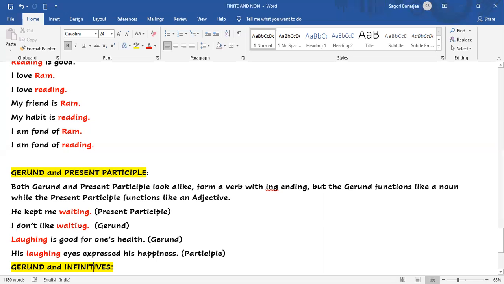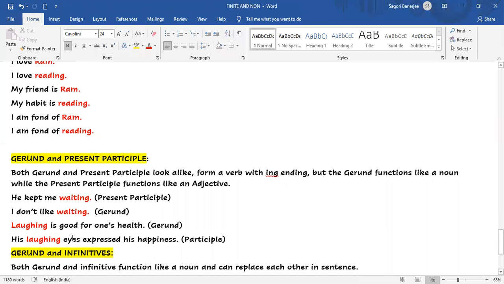Now coming to the next example. Laughing is good for oneself. What is good for oneself? Laughing. So laughing is obviously a gerund. It is not telling something about any noun or pronoun. It itself is working as a noun. So it is a gerund. But the next sentence: his laughing eyes. See, eyes is the noun.